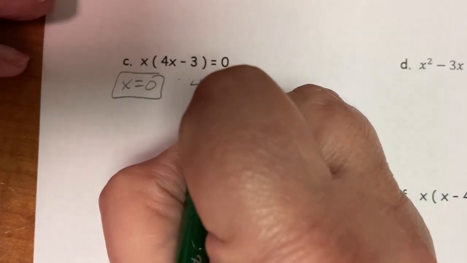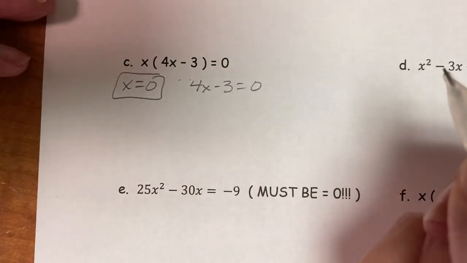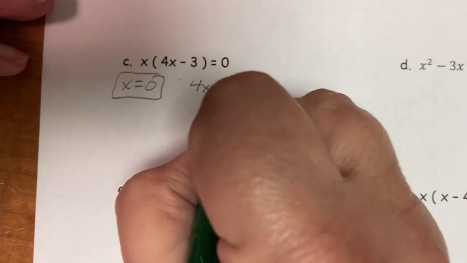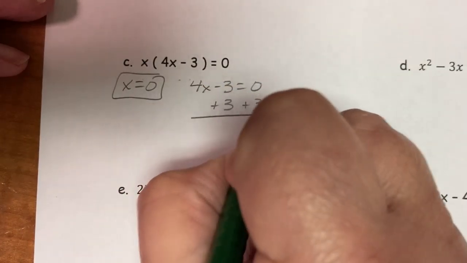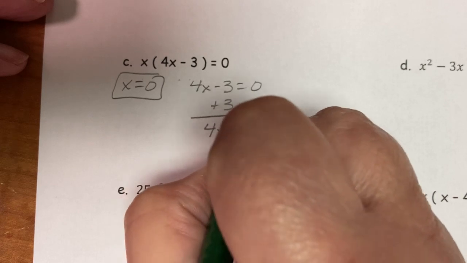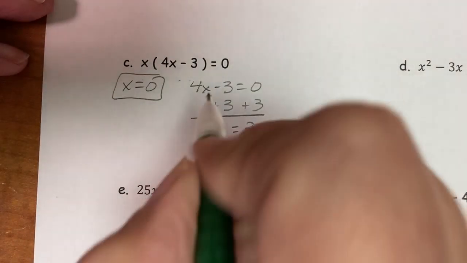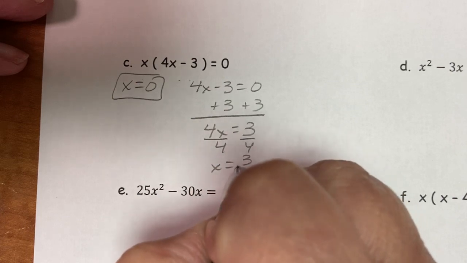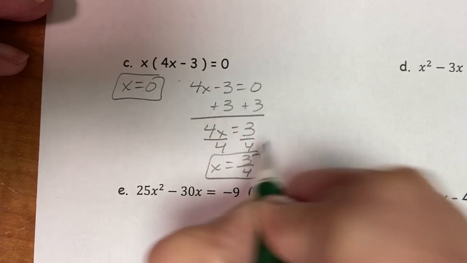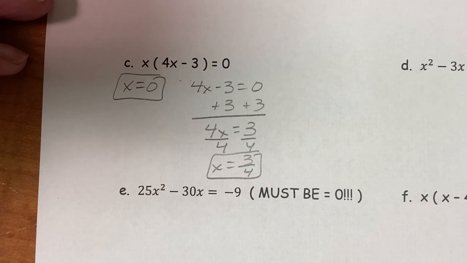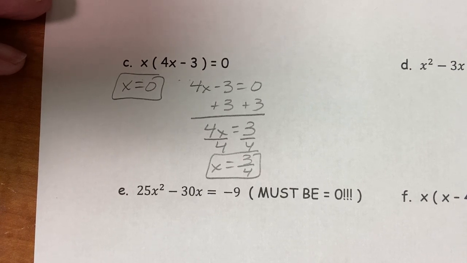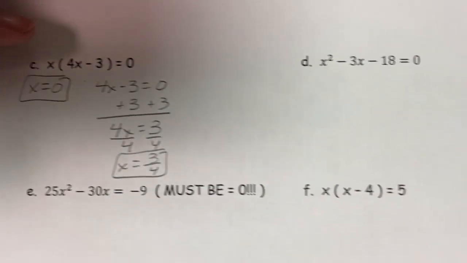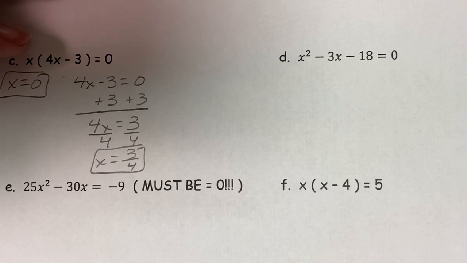And then if I take my second factor of 4x minus 3 and set it equal to 0 and solve, I would have 4x is equal to 3 once I add 3 to both sides. And then dividing both sides by 4, I would get my second answer of 3/4. So, again, it's important that you know factoring.